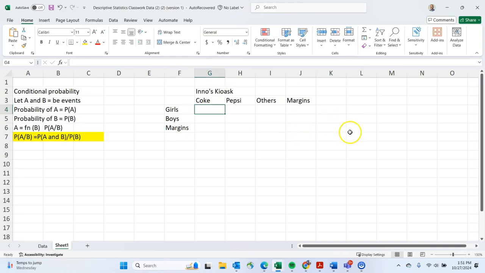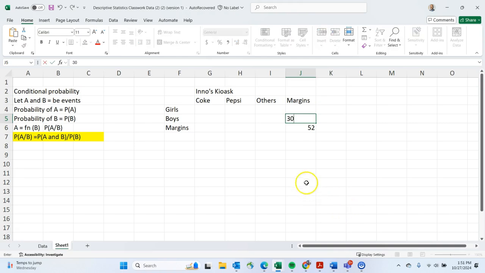So let's assume that the total number of boys and girls that attend Enos kiosk is 52. We can distribute this 52 into 2. Let's say if boys are 30, then what is the remaining?